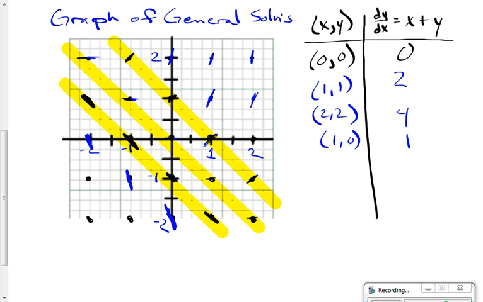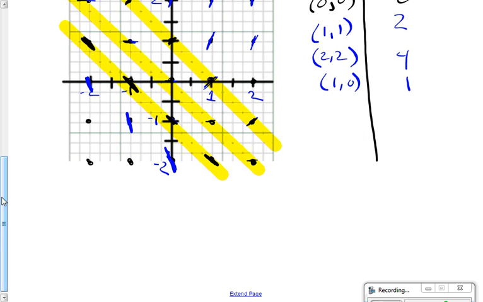Good so far? How do we move from a general solution to a particular solution? What we do is we set an initial condition. We drop a golf ball. What curve would be made if, let's say, my initial condition was 1, 0?